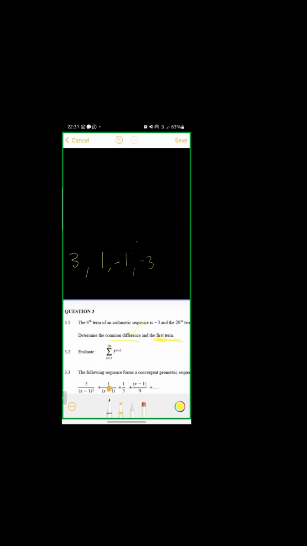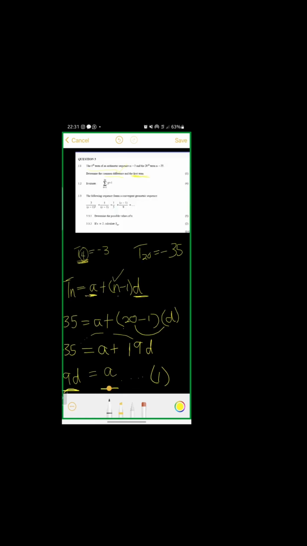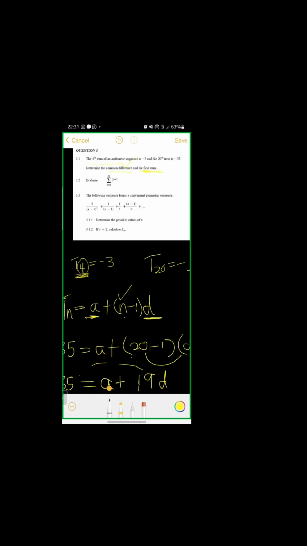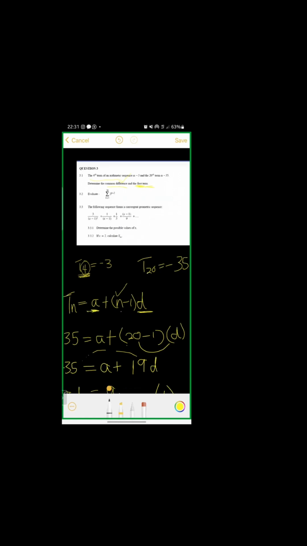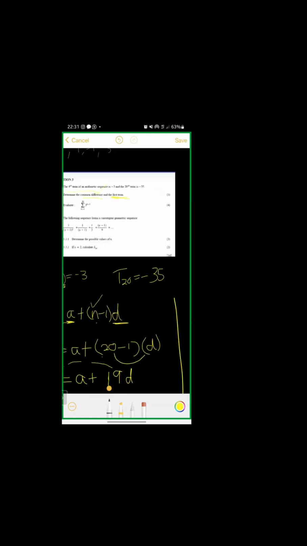I just want to go until the fourth term. It makes sense because it shows us that the fourth term of the arithmetic sequence is negative 3, and that's what we have there. Having understood that what we wrote makes sense, if that was 5 marks and we did everything correct, we should get 5 marks for that.